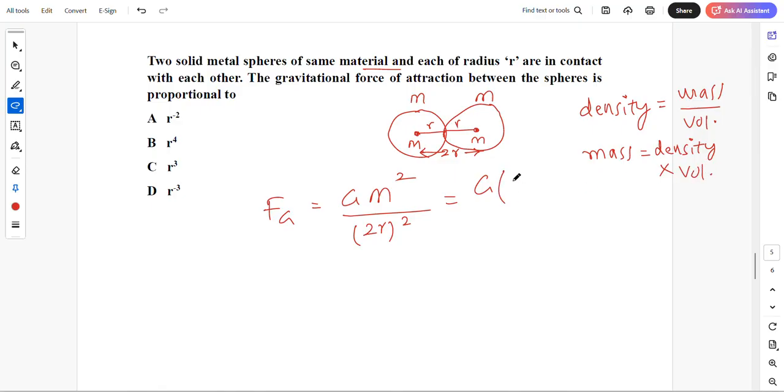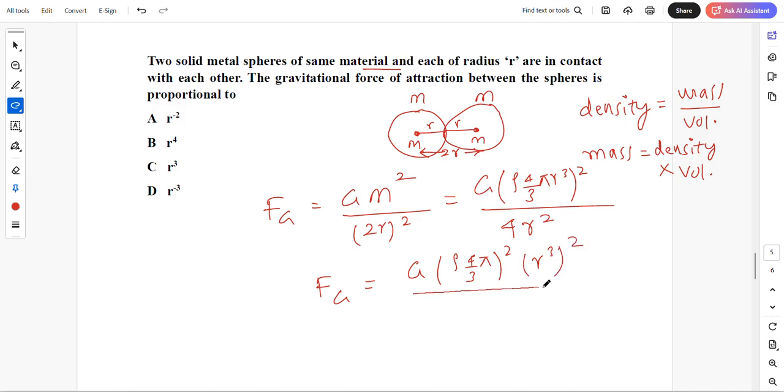Let density be rho. What is the volume of a sphere? That is 4 by 3 pi r cube, the whole square divided by 4 r square. So Fg is equal to G into rho, 4 by 3 pi the whole square, r cube the whole square divided by 4 r square.